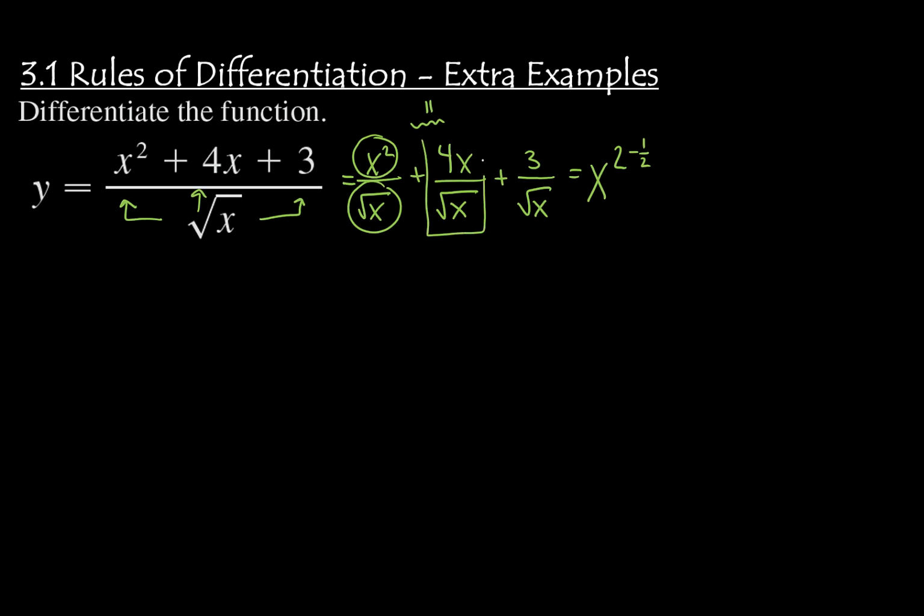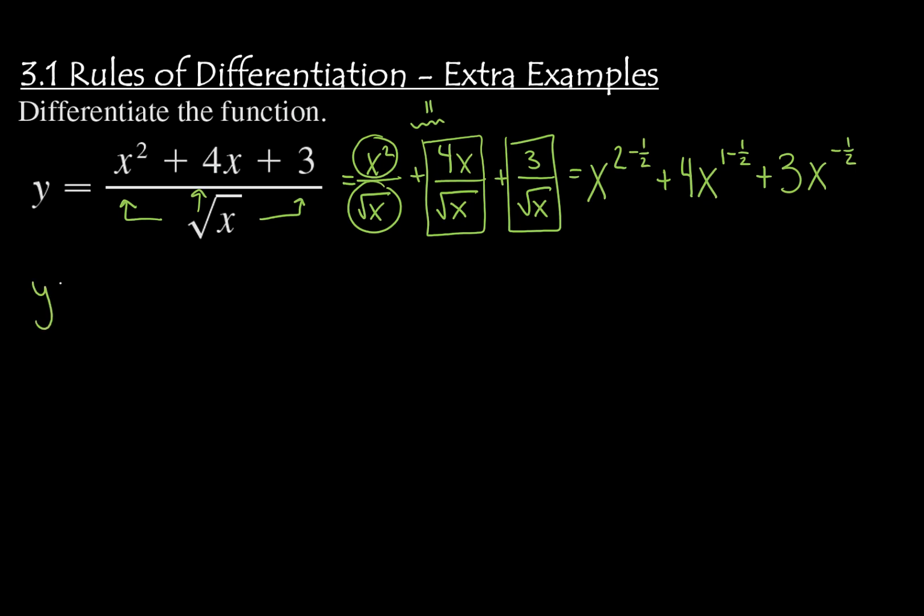For the next one, I'm going to have plus 4. That's going to go along for the ride. And I'm going to do the power of the top x, which is 1, and subtract from that the power of the bottom x, which is 1/2. And for this one, I'm going to have plus 3, and then since there's no x in the top, I'm just going to write that as x to the minus 1/2.